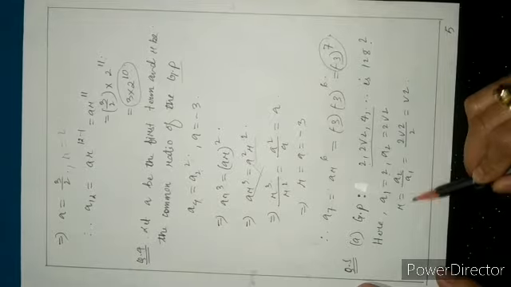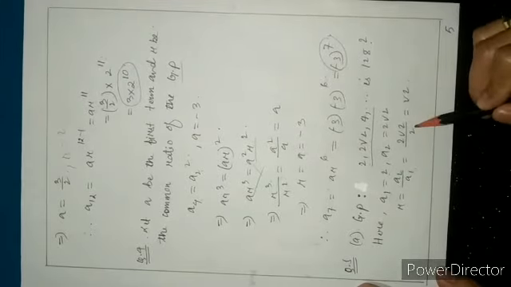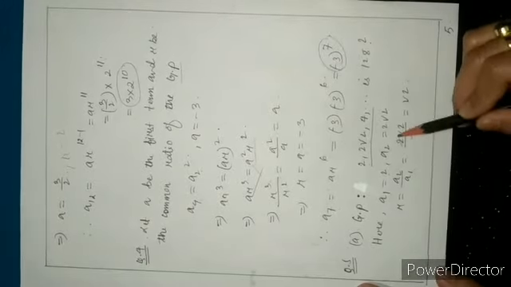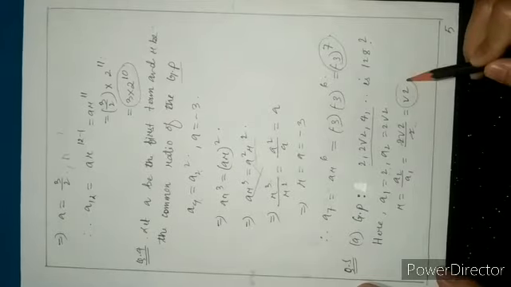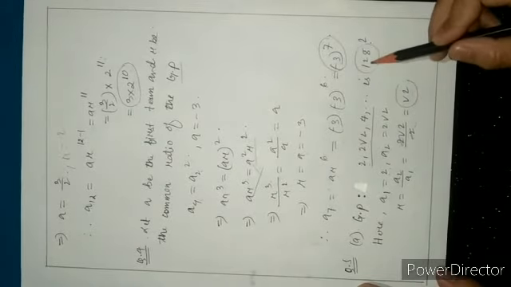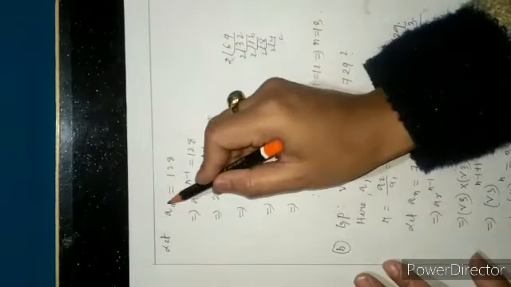Common ratio R is given by A2 divided by A1. 2 root 2 divided by 2 gives root 2, so the 2 cancels. The first term is 2 and the common ratio is root 2. Then let us suppose that 128 is the nth term. We are going to find the value of n.